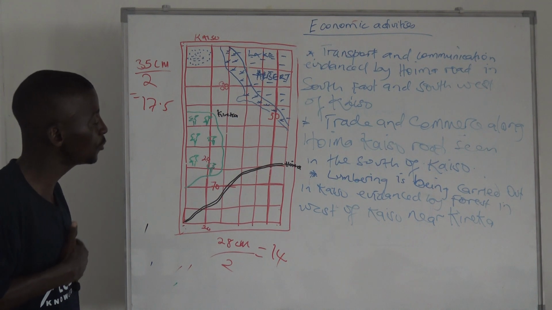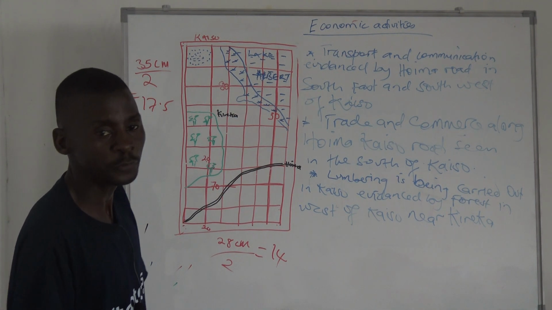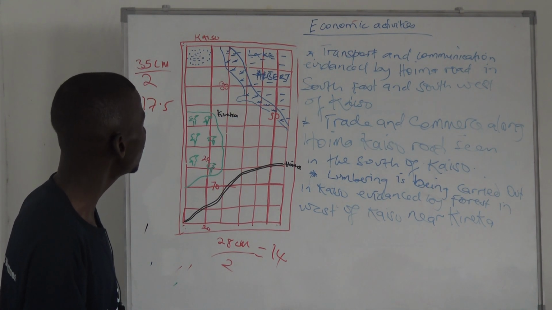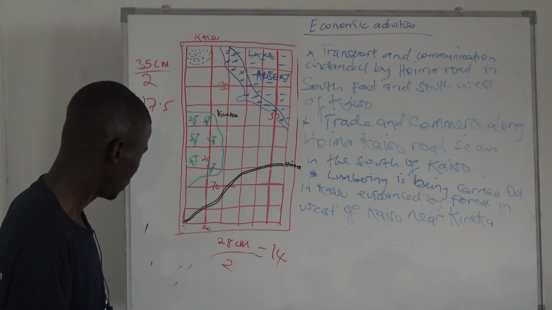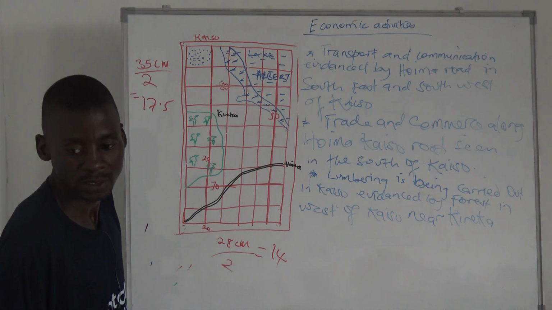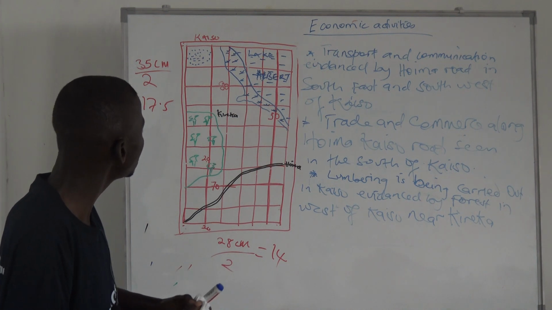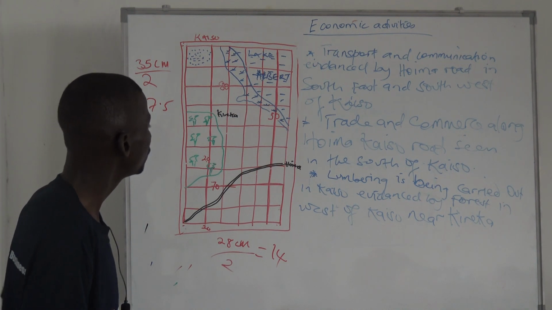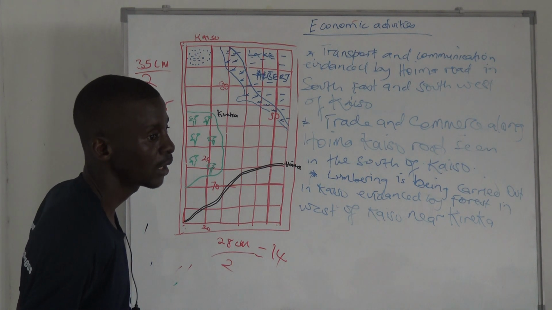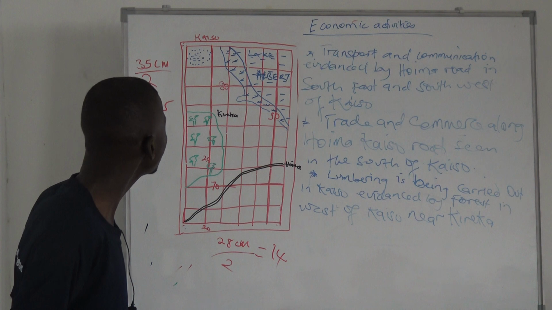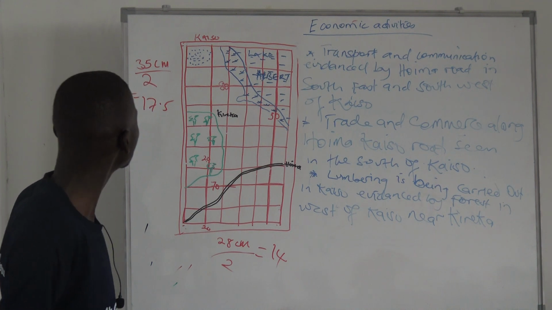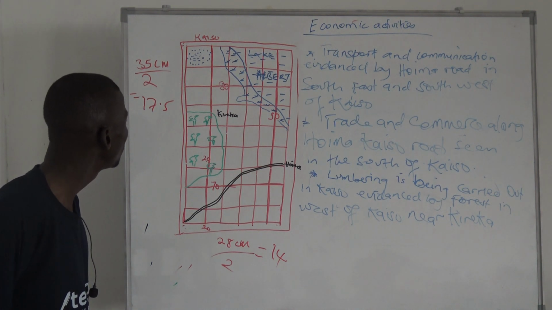To remind you a bit, we are still describing different economic activities being carried out in this map extract, and you must have evidence for each and every economic activity that you are talking about. We have some more economic activities in KAISO.